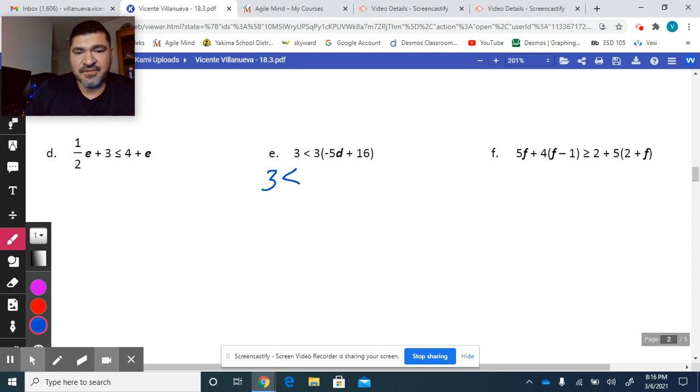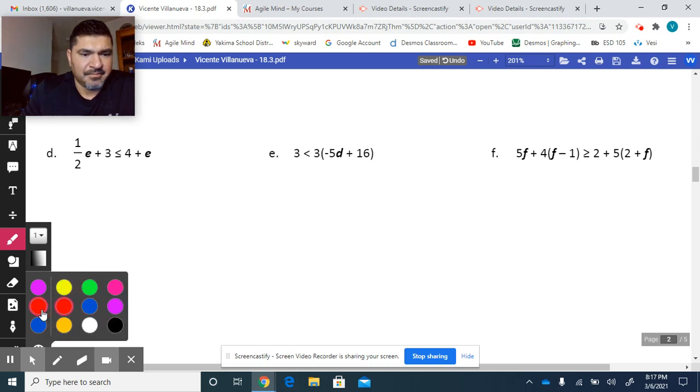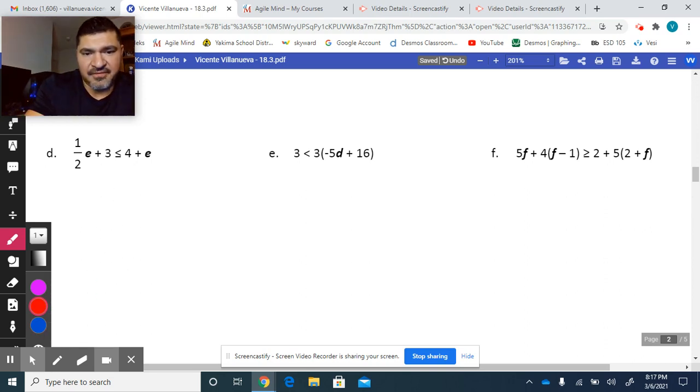Now the first step we have to do here, well, there's a couple different ways we can do this. We can distribute that 3, or we can divide by 3. I think I'm going to divide by 3.